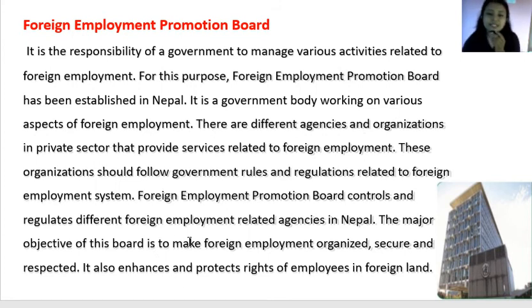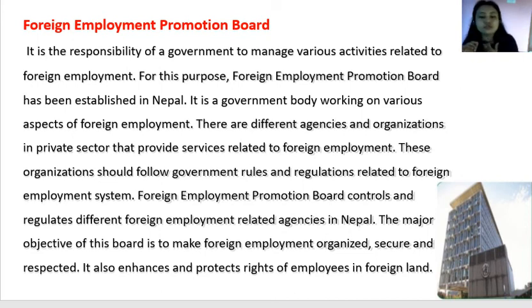There are different agencies and organizations in the private sector that provide services related to foreign employment. And these will also help you to guide about the rules and regulations in foreign employment, and they will also help in the control and regulation of the different foreign employment related agencies.